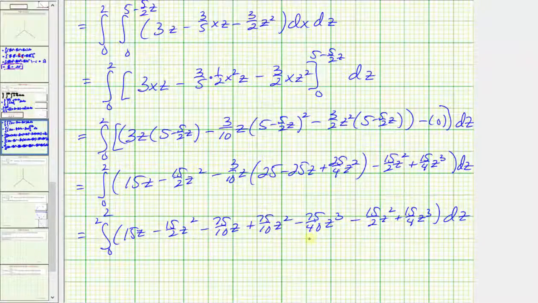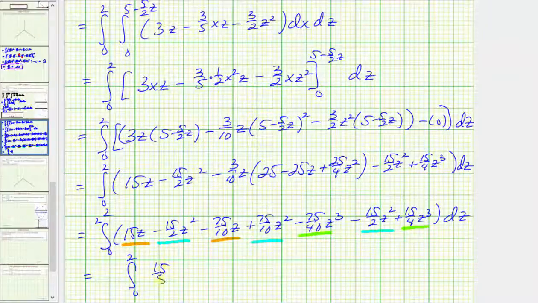We have two z cubed terms here and here. We have three z squared terms here, here, and here. And we have two z terms here and here. So you may want to check this, but this does simplify to 15/8 z cubed minus 15/2 z squared plus 15/2 z.